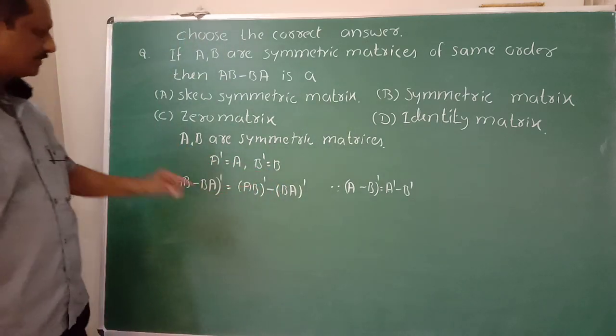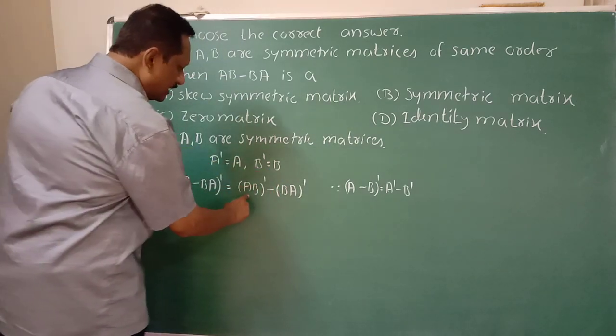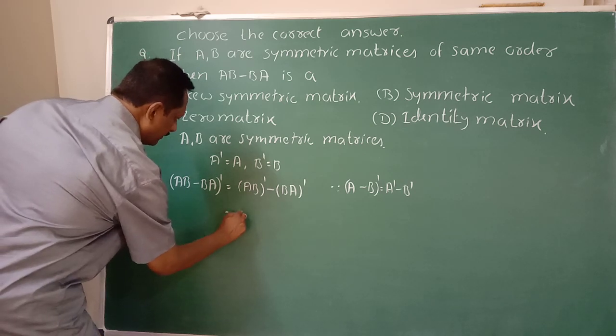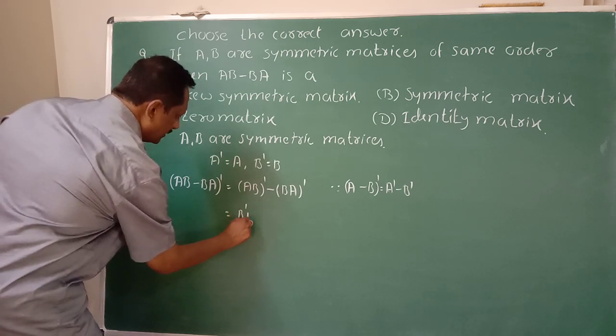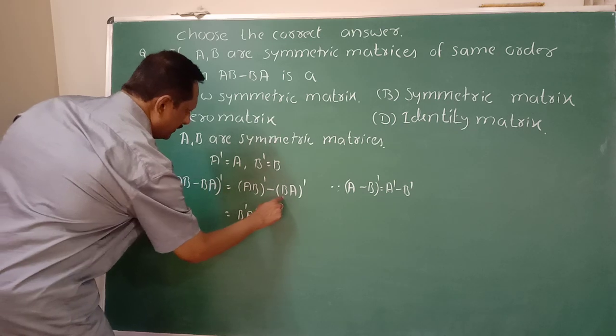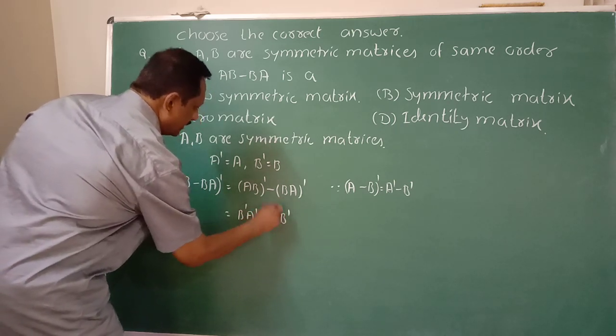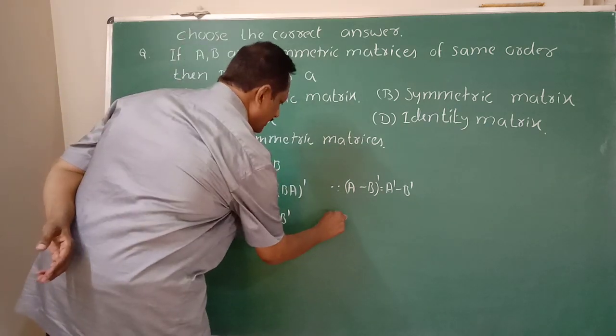Then AB whole dash is B dash into A dash, and BA whole dash is A dash into B dash, again by the property.